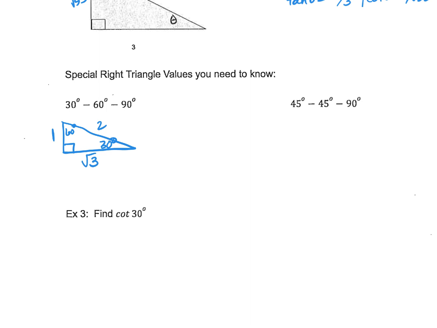You could think of it this way, instead of 1 to root 3, because it's always going to be ratios of those: x, 2x, and x root 3. Make sense? Okay.